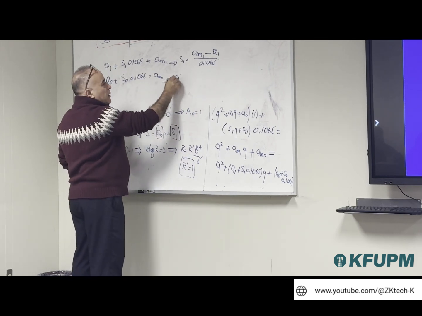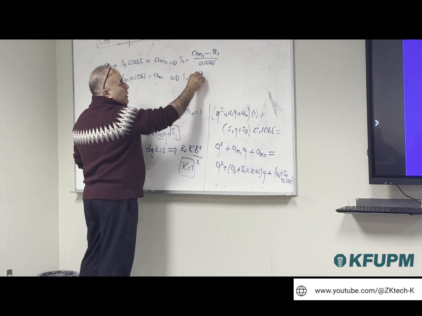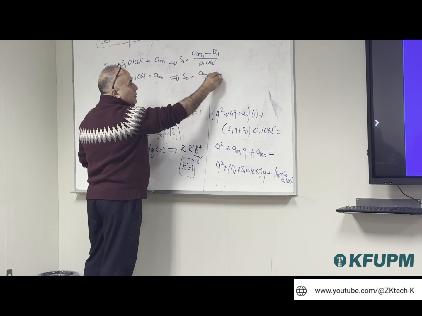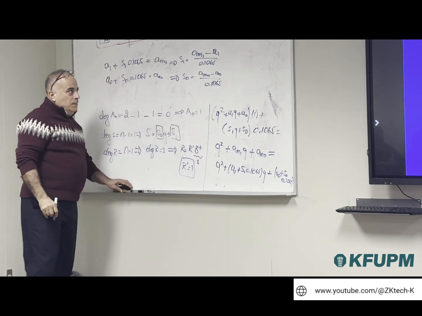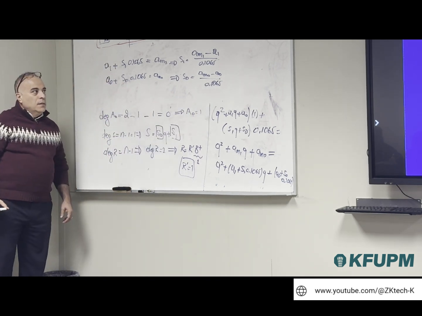And here it implies that S0 is equal to Am0 minus A0 divided by 0.1065. Am I done?